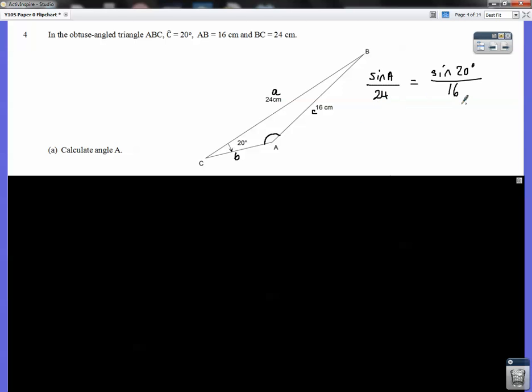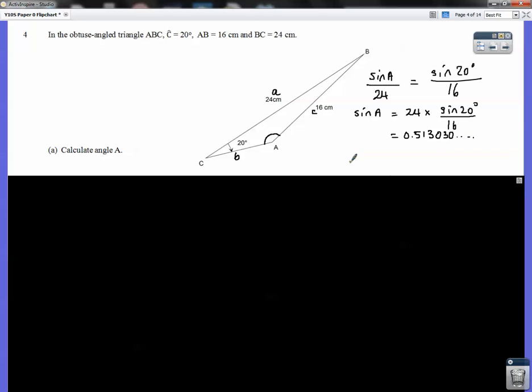So now I multiply both sides by 24, so I just get sine A equals 24 multiplied by sine 20 divided by 16, and I get 0.513030, lots of other digits.